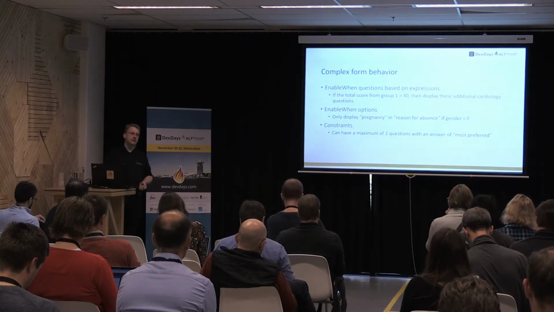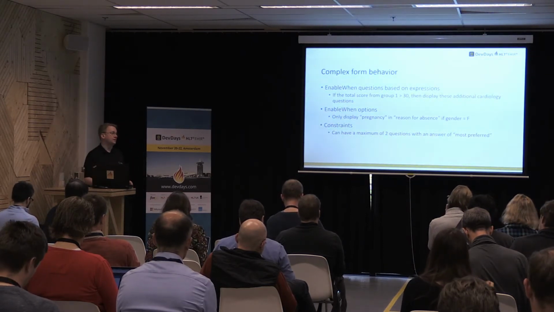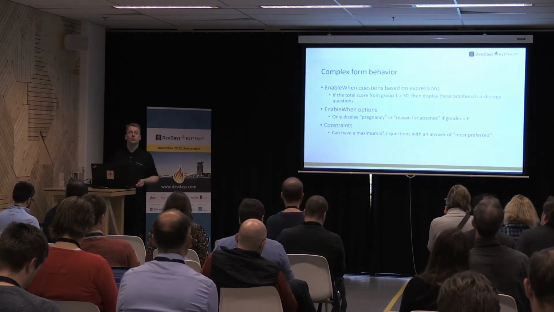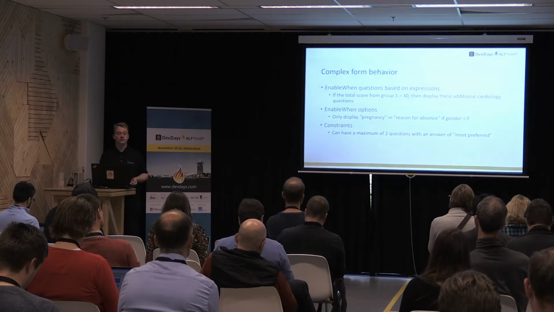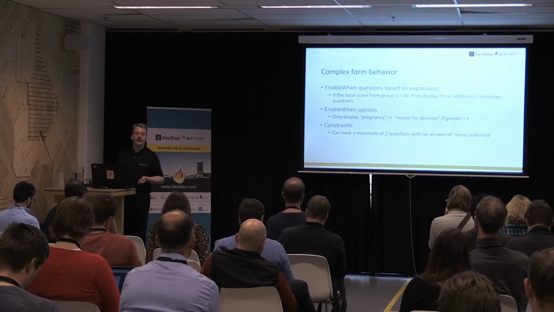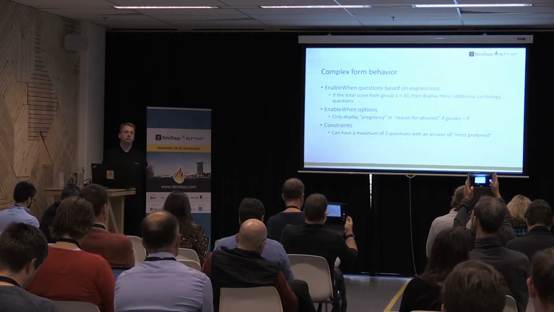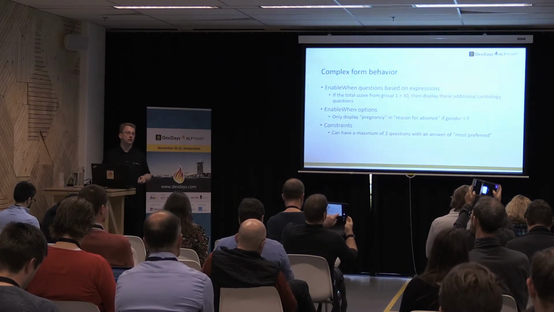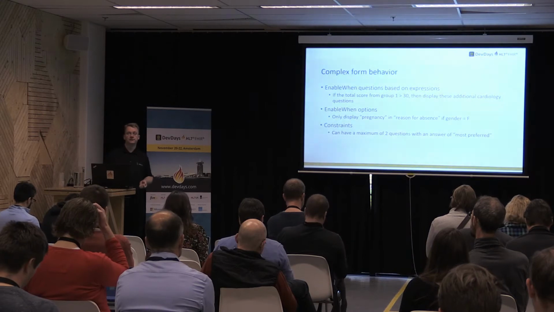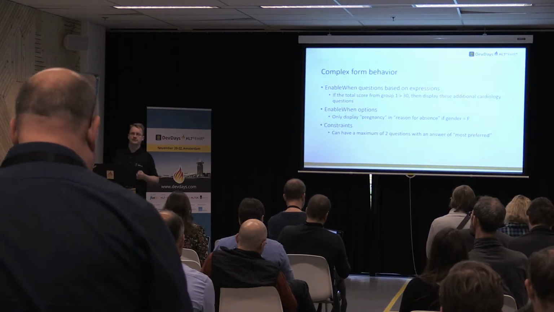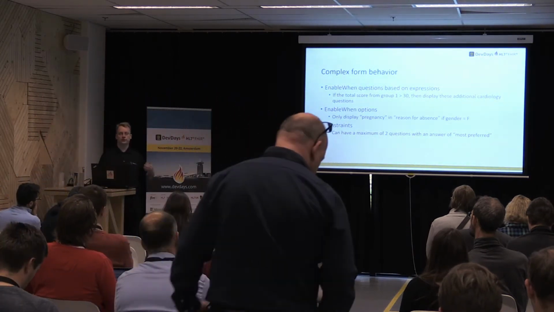On the behavior side, we sometimes want to change what the questionnaire looks like based on what kind of data has already been captured. So in the base form, we have an enable when capability that lets you say, turn a particular question on or off based on a previous answer. But sometimes it's not as simple as if answer 1 is true, then turn this on or off.